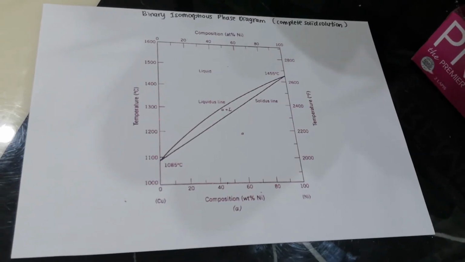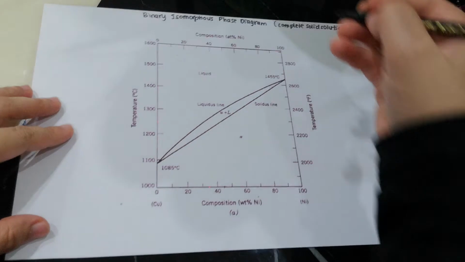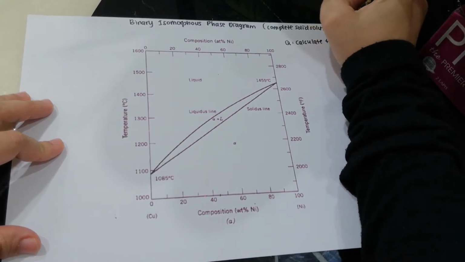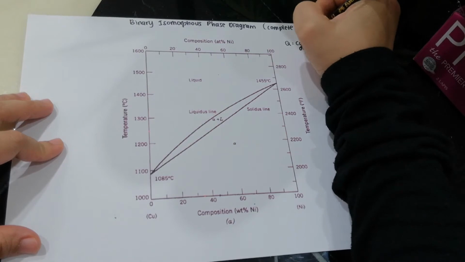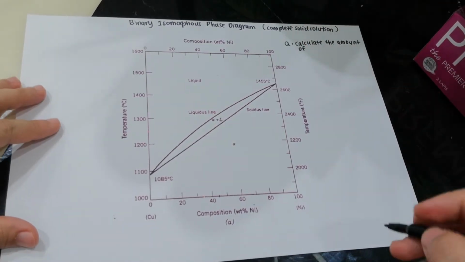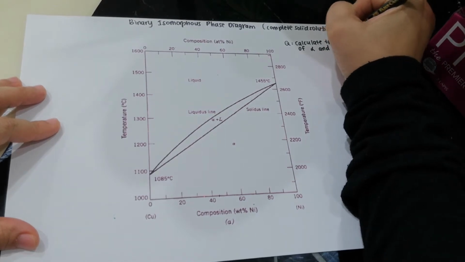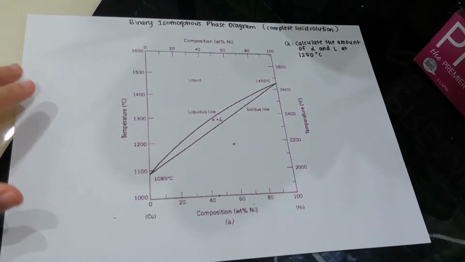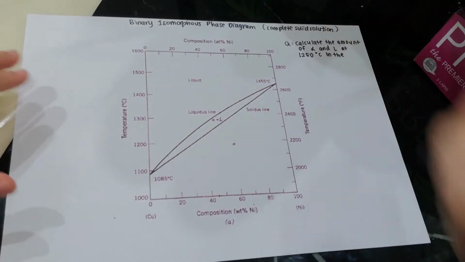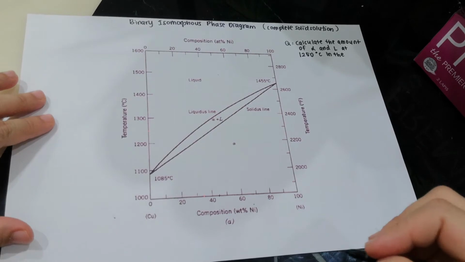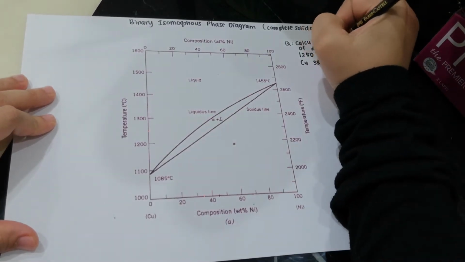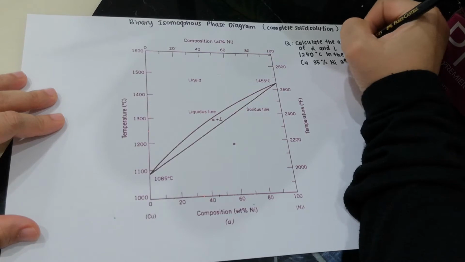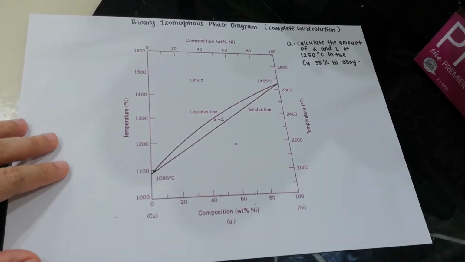Okay, the question is: calculate the amounts of solid and liquid at the temperature given here, 1250 degrees Celsius, in the copper 35% nickel alloy. Alright, this is the question.